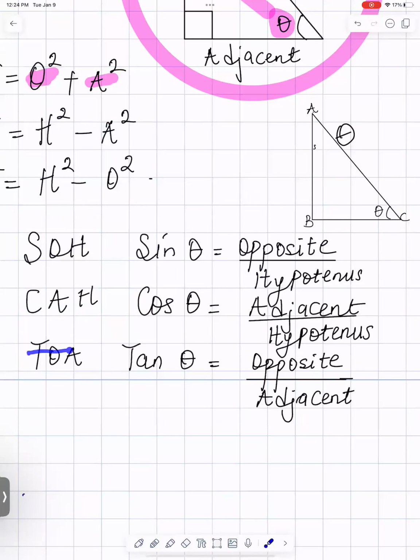Then we have TOA. T is tan, O is our opposite, and A is the adjacent. So we can simply say tan theta is equal to opposite divided by the adjacent of the angle.